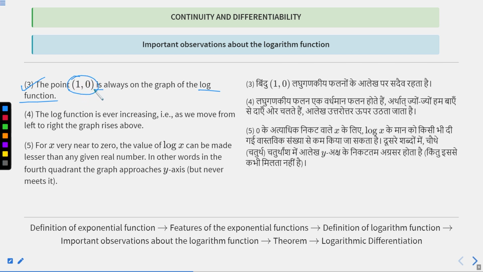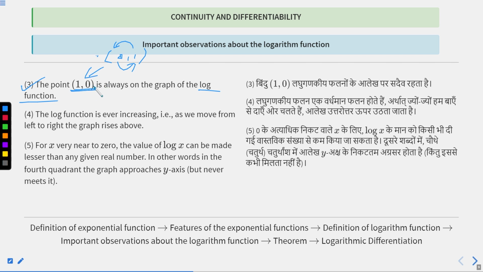Sorry, in the exponential function you will have (0, 1), and in the log function you will get (1, 0). In log the reverse thing is happening: as you can see, this 1 is now here and this 0 is now here.